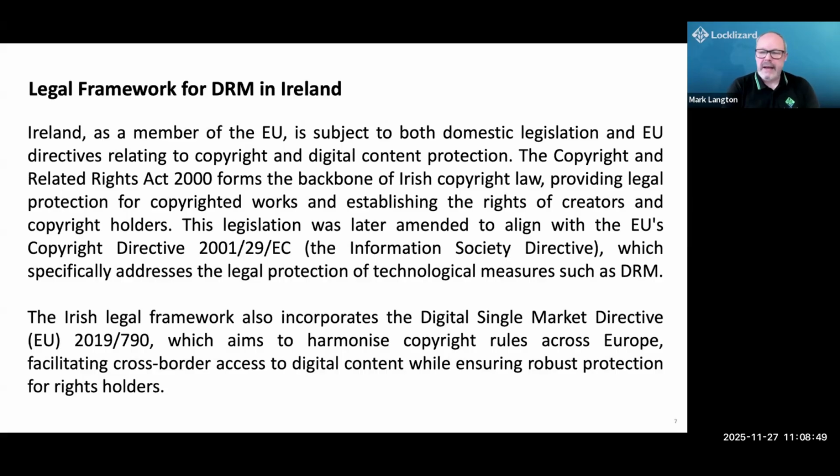Legal frameworks. Again, looking at the market itself, there are a number of legal frameworks now coming into play around how you protect data, new rights for content creators, platform liability, transparency obligations, technological protection measures. So the Irish framework, which incorporates a digital single market directive, which if anyone's knowledgeable about that, then they'll certainly understand what that means.